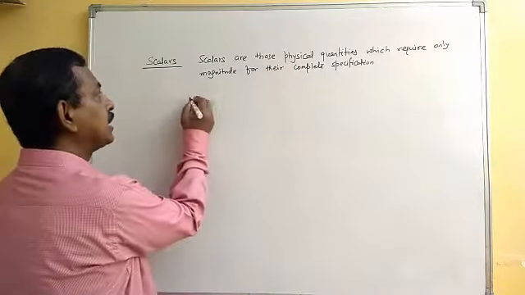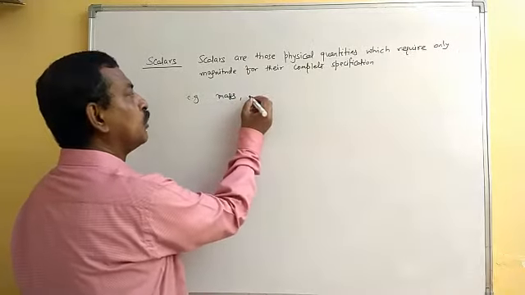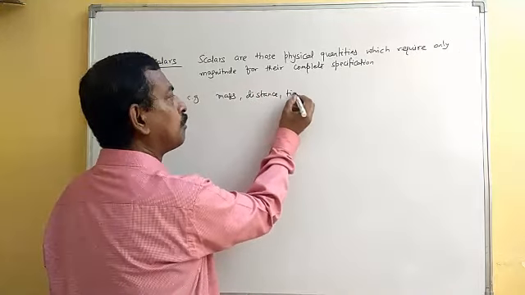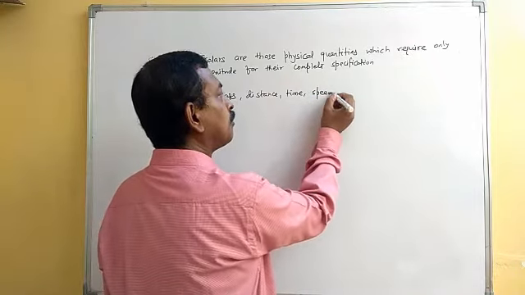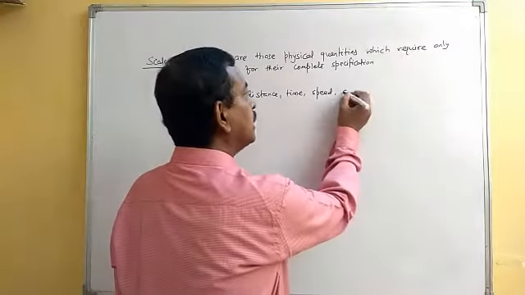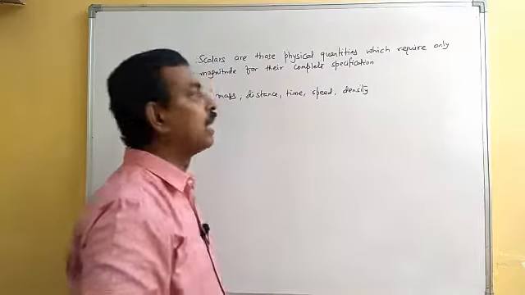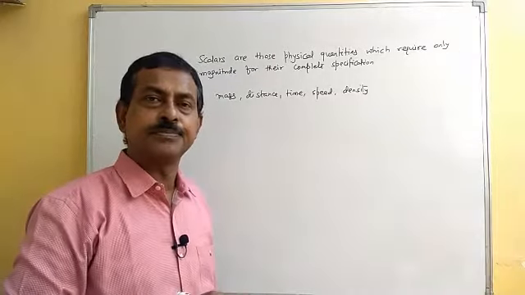Examples are mass, distance, time, speed, and density. All these are scalar quantities.